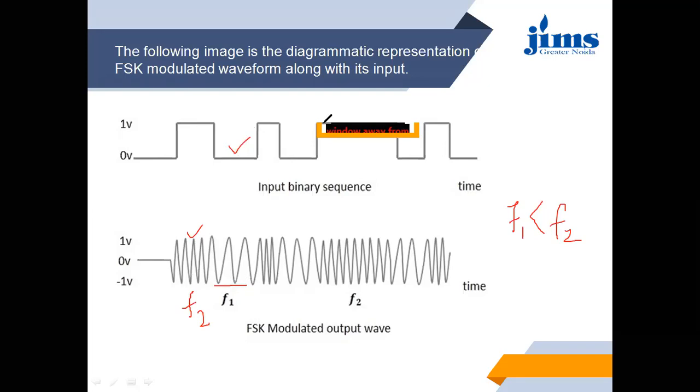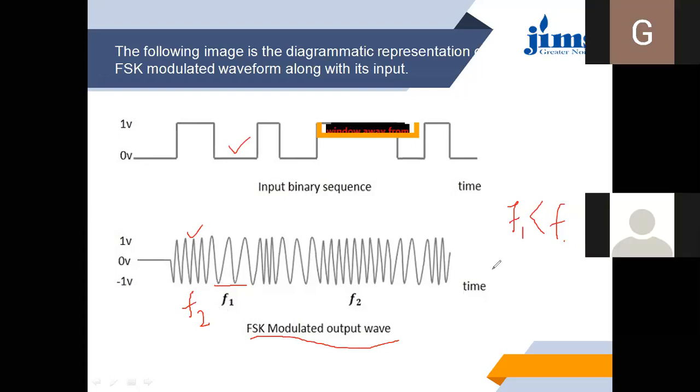So this is how we modulate our carrier wave by changing the frequency in accordance with the message signal. Right? Is this clear to everyone? Yes, ma'am. So in case of an FSK modulated wave, what are we doing? We are changing the frequency of the carrier in such a way that whenever the binary input or message signal is high, the frequency is high, and whenever the binary data is low, the frequency is low.